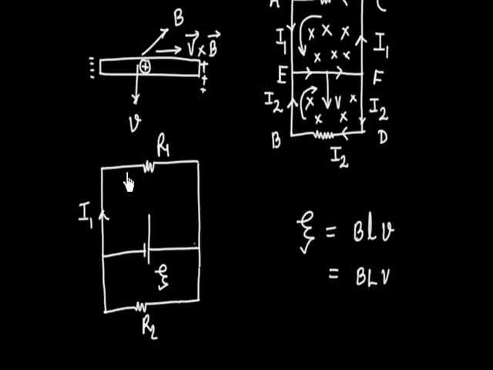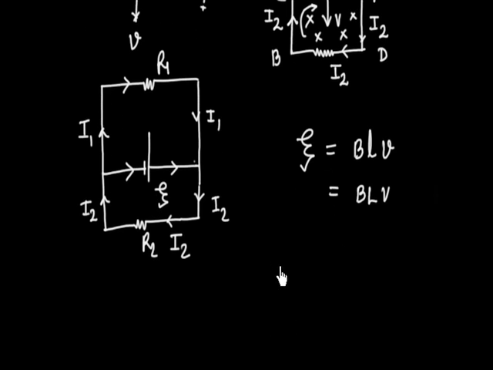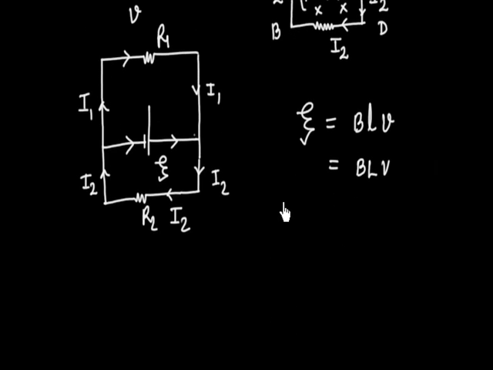In the top circuit I have current I1, and in the bottom circuit I have current I2. So the total current here is I1 plus I2. Now I can write circuit equations to solve for I1 and I2. We have been given the power delivered in R1 and R2.